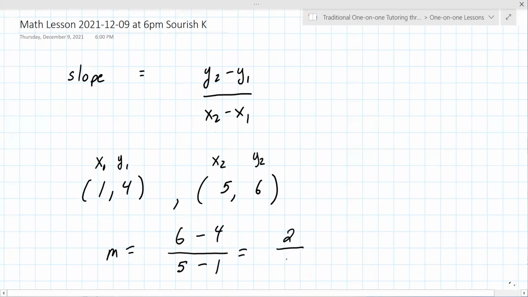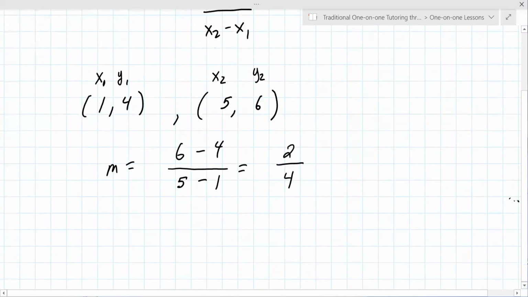Over 5 minus 1, which is 4. This would be correct, but you need to reduce if you can. Both numbers are divisible by 2, so that's 1/2.